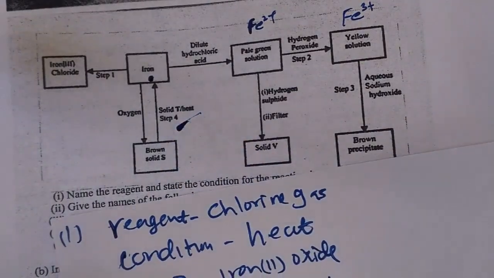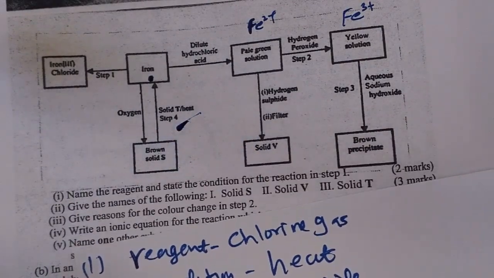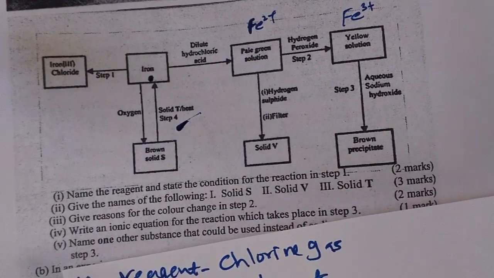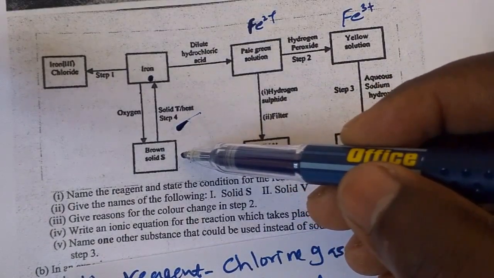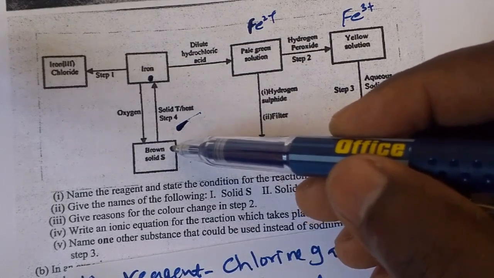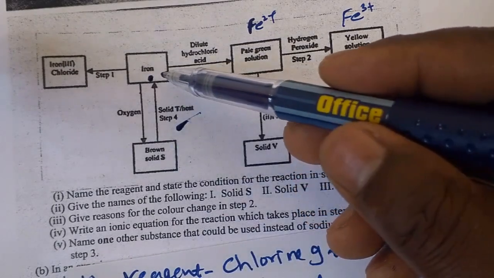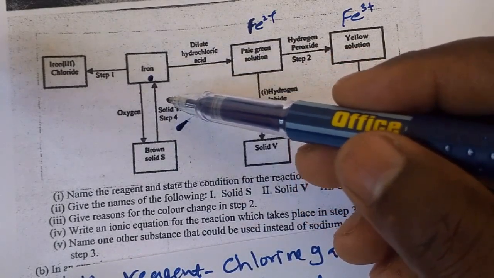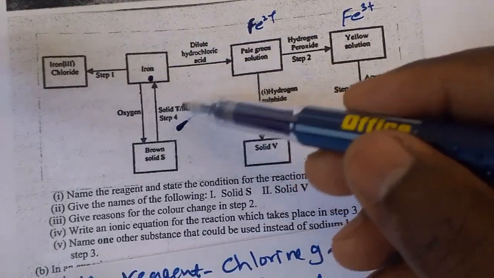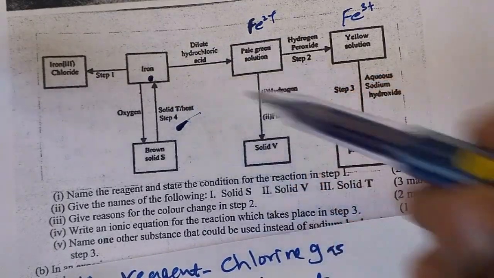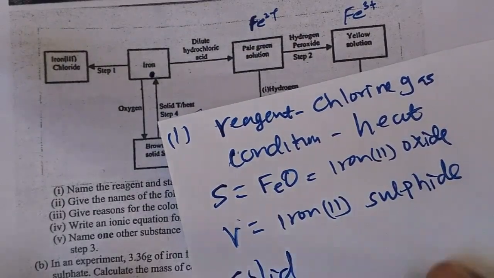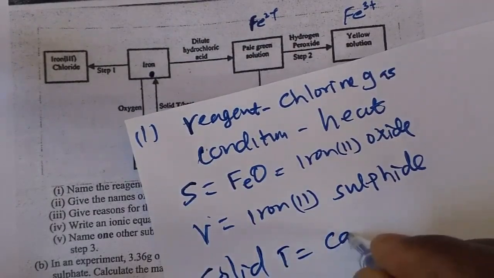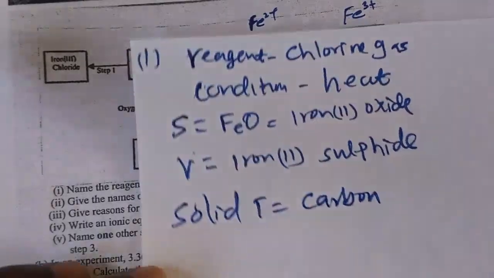We have iron 2 oxide. What will you do to iron oxide to form iron? That is reduction, so we need a reducing agent. Which reducing agent do we use that is a solid? It is carbon. So solid T is carbon. Carbon is the common reducing agent that is in solid form.